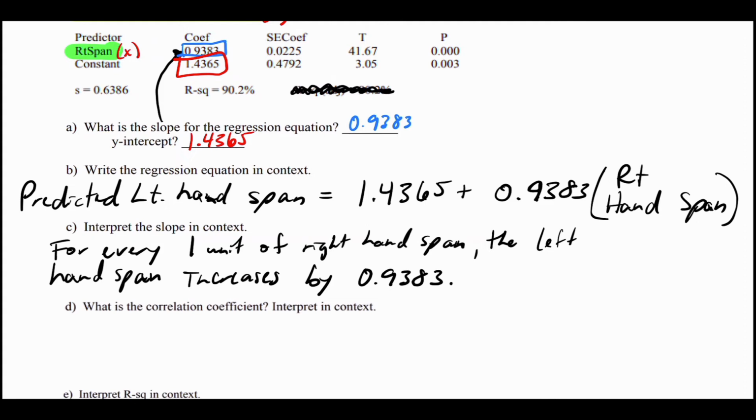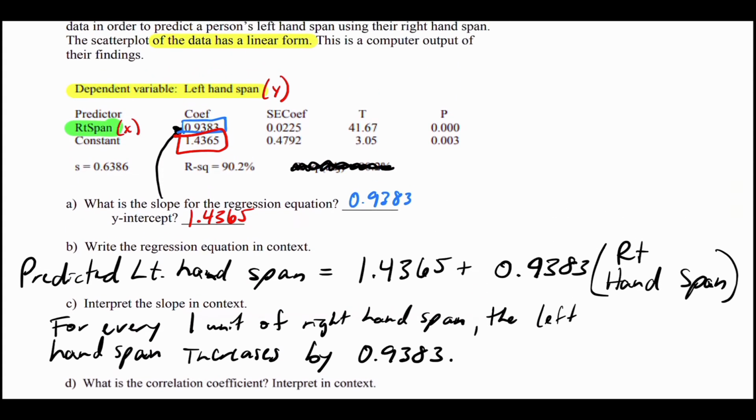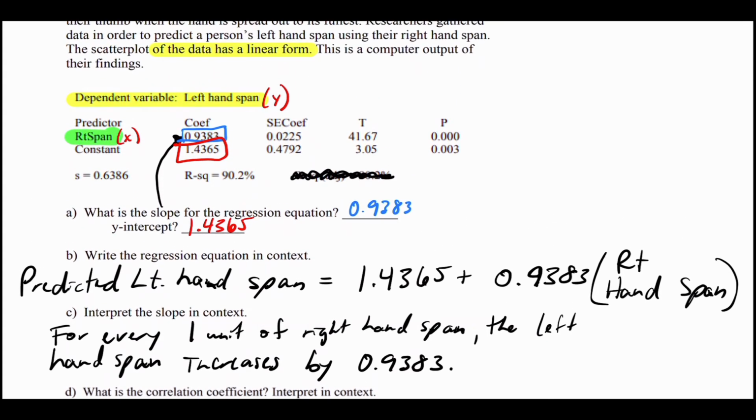Correlation coefficient. What's correlation coefficient? We usually don't call it correlation coefficient. We call it something else. Close. R. It's just R by itself. Okay, so let's go back up to the data. Do they give us R anywhere? There you go.